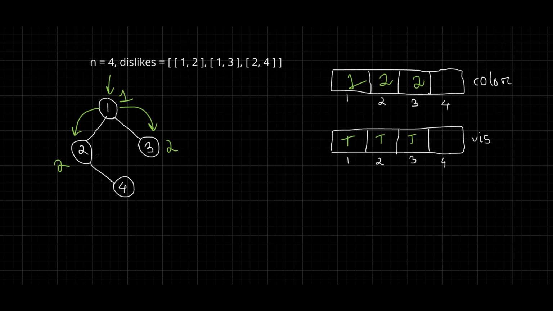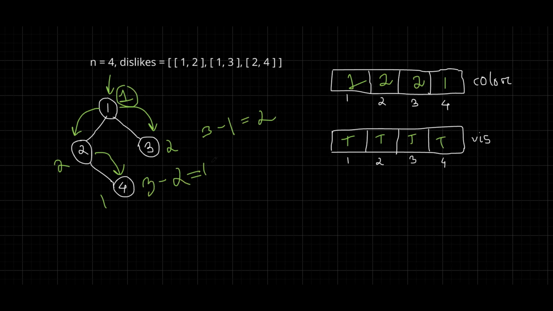Now from node 2 we can go to 4 and make its color 1 and make it visited. So for this color 2, it will be 3 minus its parent color, which is 3 minus 1, 2. This color 1 will be 3 minus 2, its parent color, which is 1.